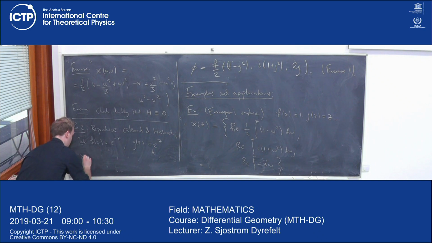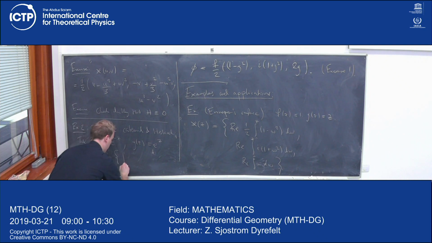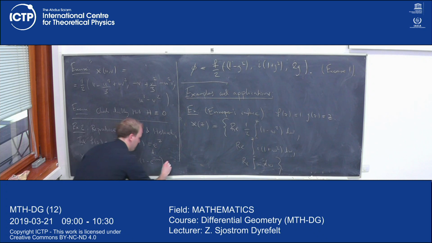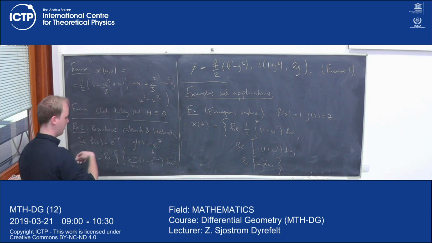Then you get that x of u,v is equal to the real part of, so let me write it like this, the integral from 0 to z of e to the minus w over 2 times (1 minus e to the power 2w) dw.